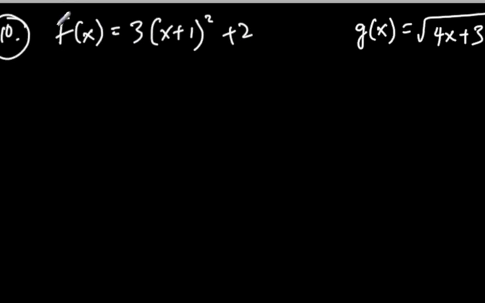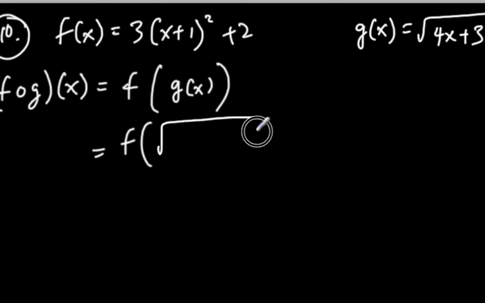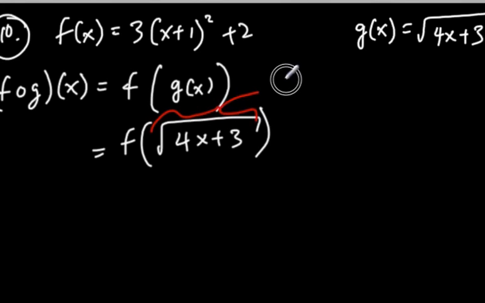So let's do this. In other words, f of g of x. So g of x is that expression there, the square root of 4x plus 3. All we're doing, as always, is taking this argument and subbing it in for that x. Okay?